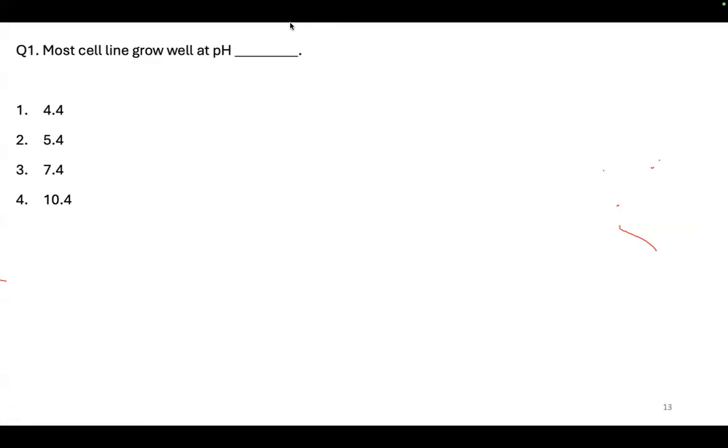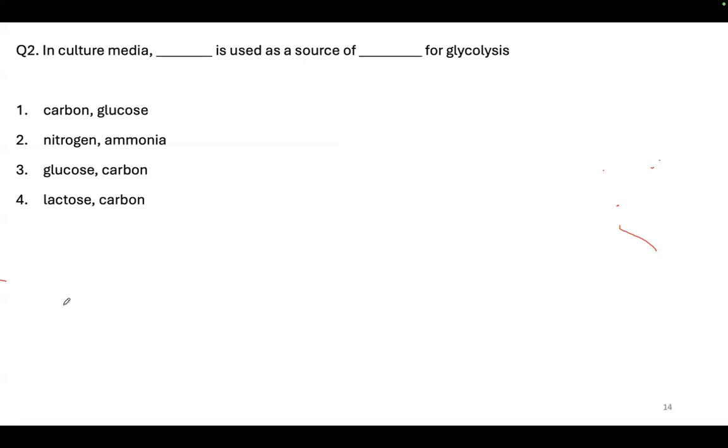Quickly, just put 1, 2, 3, 4 or A, B, C, D. So yeah, 3. All right, perfect. Next up, in culture media, what is used as a source of what for glycolysis? The name suggests using up glucose.